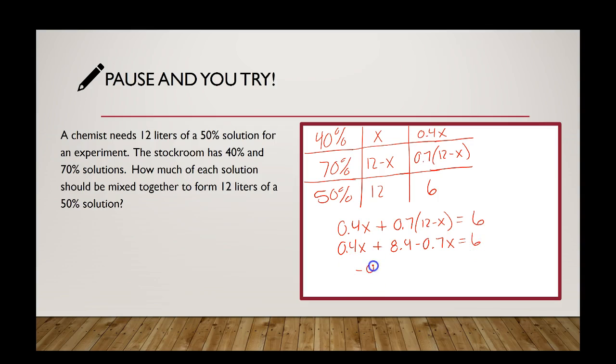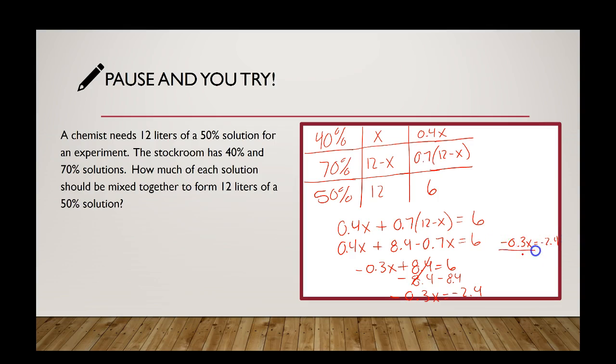Combine like terms, and that would give you negative 0.3x. Subtract, and that gives you negative 2.4. So we're right here at this.